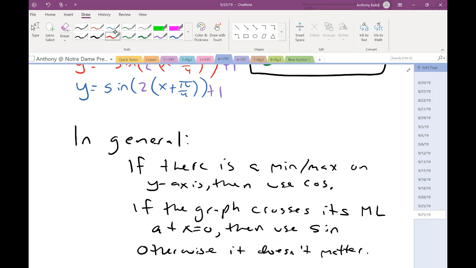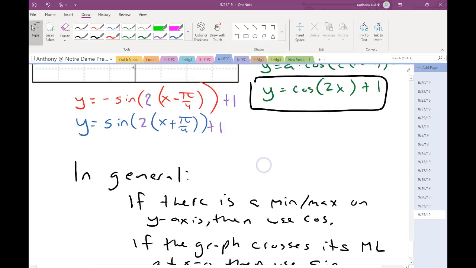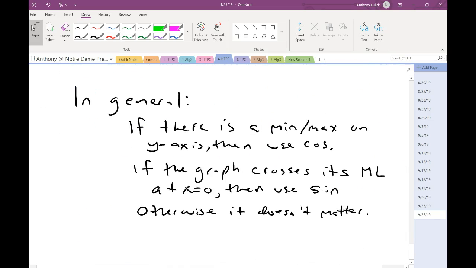That was the situation we saw in the second example above, where I had a maximum point on the y-axis. I wanted to use cosine there. That makes it easier because you don't have an h.